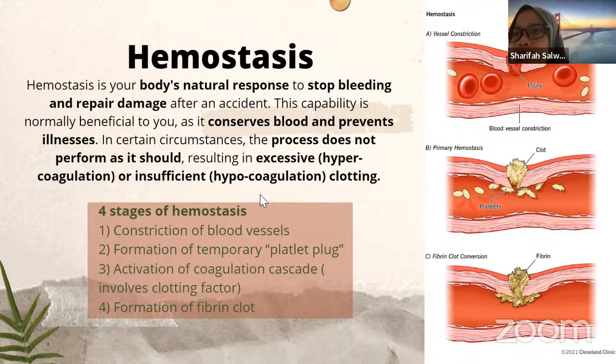First, about hemostasis. Hemo means blood, stasis means standstill. Hemostasis is your body's natural response to stop bleeding and repair damage after an accident. This capability is normally beneficial as it conserves blood and prevents illnesses.